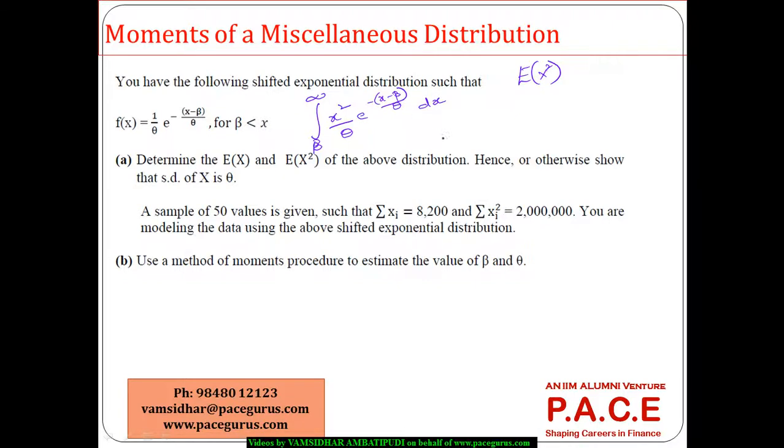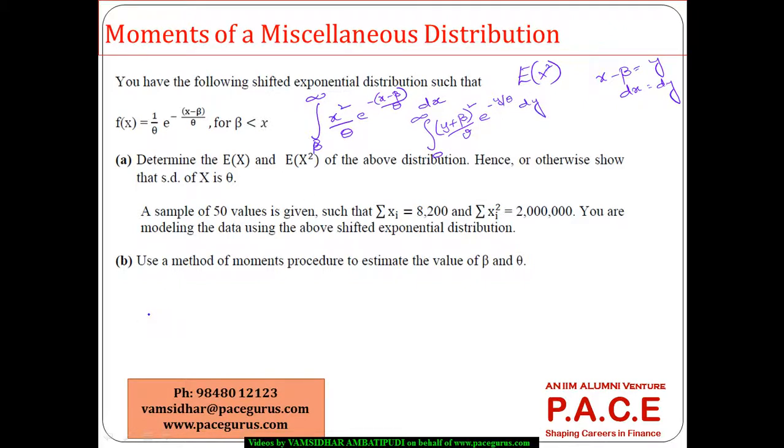Now again I'll say x minus beta is equal to y, so dx equals dy. Beta minus beta becomes 0, so this becomes an integral from 0 to infinity, x becomes y plus beta, so (y plus beta) whole squared by theta e to the power of minus y by theta dy.